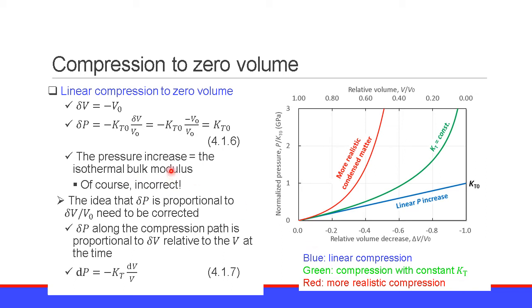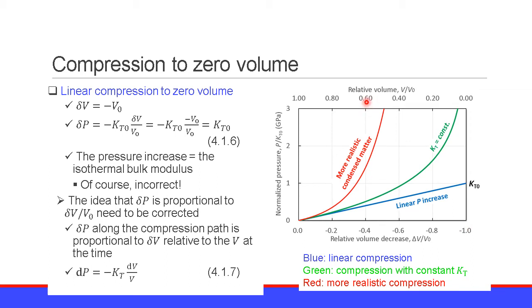Let us consider this situation using this diagram. The horizontal axis is the relative volume decrease, delta V over V0. The left side is zero compression, and the right side is compression to zero volume.